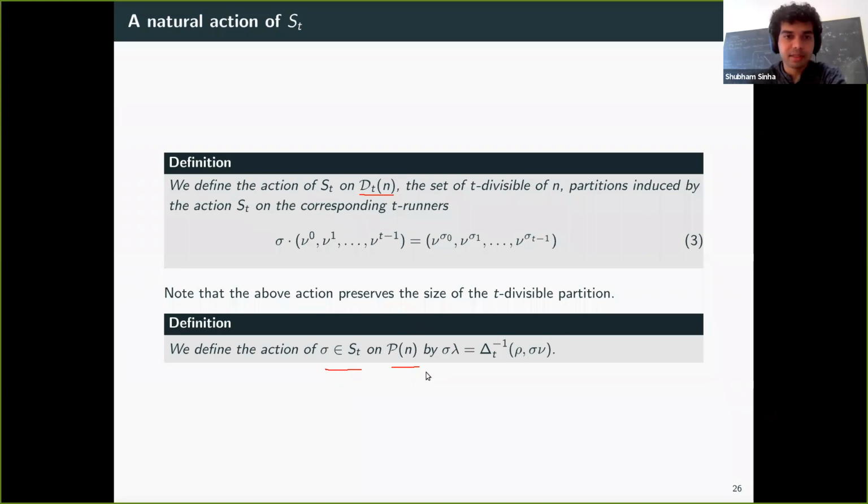So we have this action of the permutation group on the set of partitions of size n. For example, the T-cores of size n are fixed points under this action, but there can be more fixed points. I'm not saying those are all the fixed points, but those constitute certain fixed points.